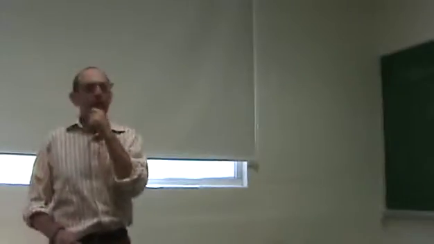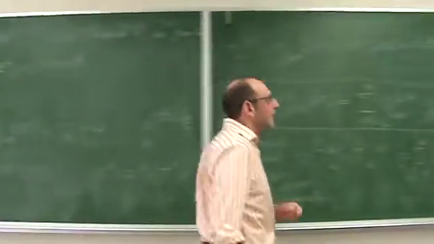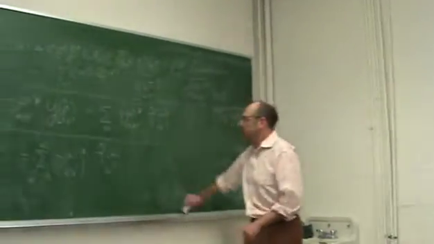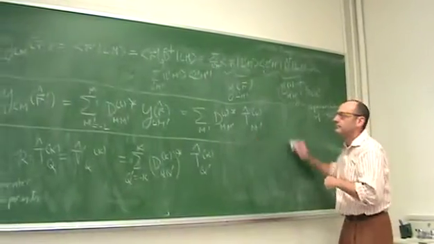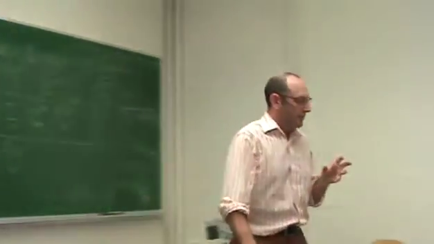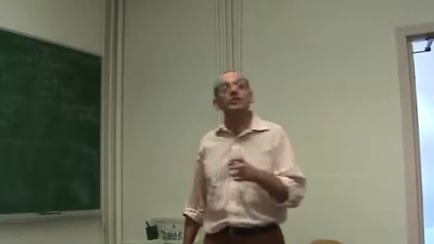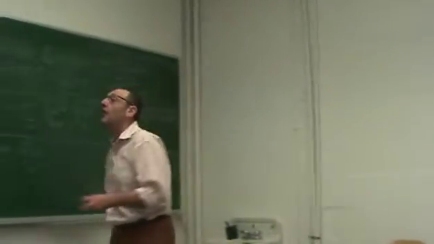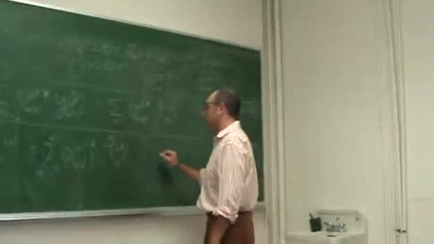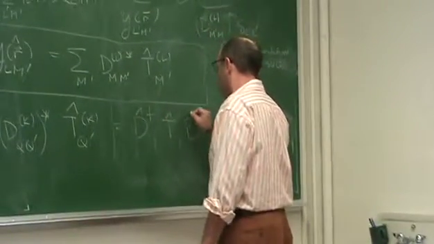All right. One last thing about the definition. In the same way, remember when we wrote down the vector operator, we could define it in terms of how it transforms under the unitary transformation.